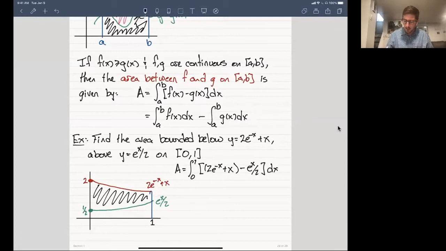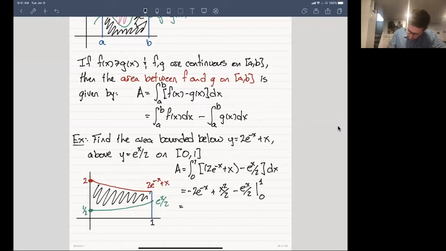In this case, these are fairly straightforward functions to find the antiderivatives of, because exponentials just differentiate into exponentials, and for polynomials, we just raise the exponent and divide by the new exponent. So let's go ahead and find the antiderivative here. We get minus 2e to the minus x plus x squared over 2 minus e to the x over 2. And in this case, we are running from 0 to 1.